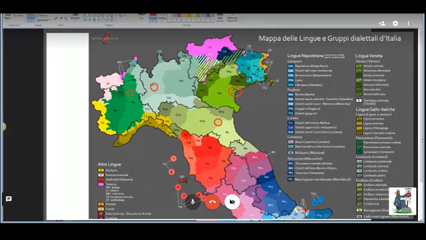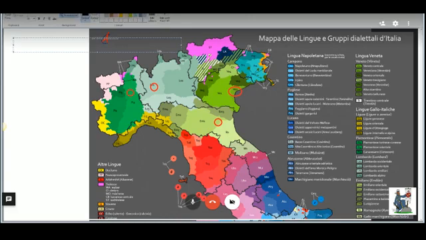So, for example, a very silly example: mano means hand in Italian, and in Venetian it's man. Oh, that's very interesting. Very simple example.